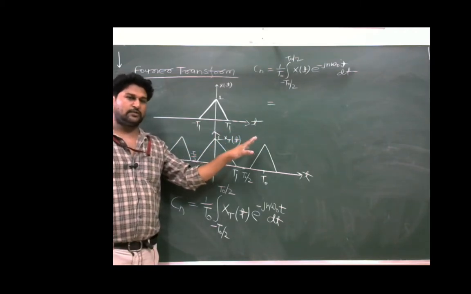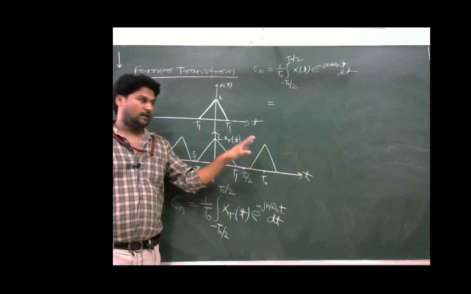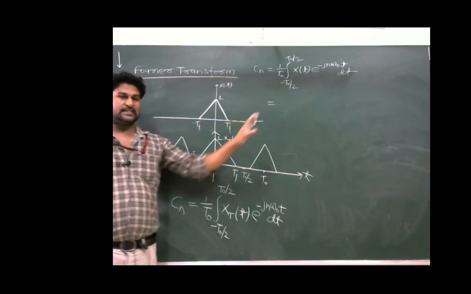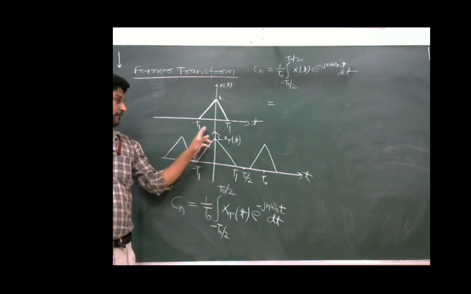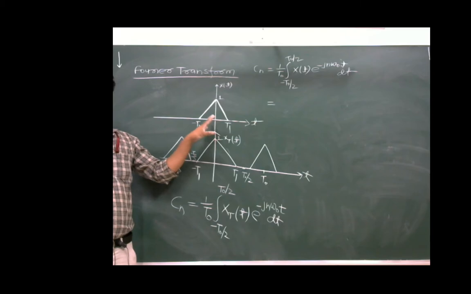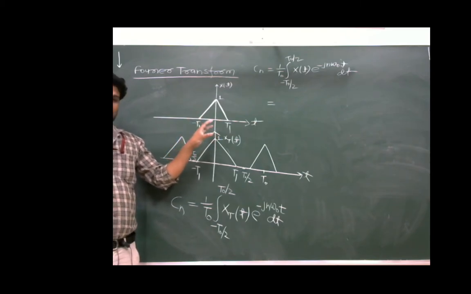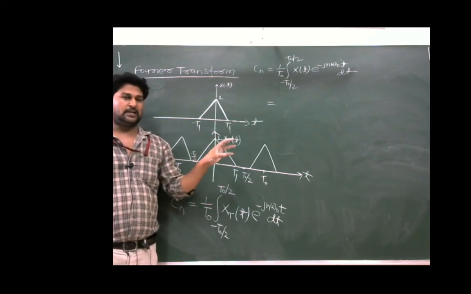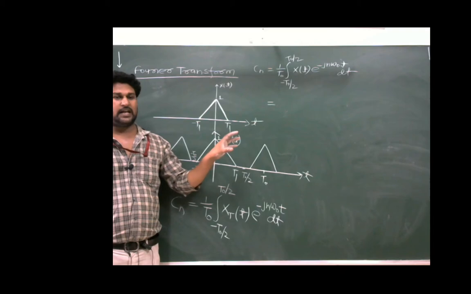This change will not affect this calculation in any way, because this signal extends only from minus t1 to plus t1. For the remaining values of t, the value of the signal is 0. So considering the limit from minus infinite to plus infinite will not affect the determination of the coefficient anyway.